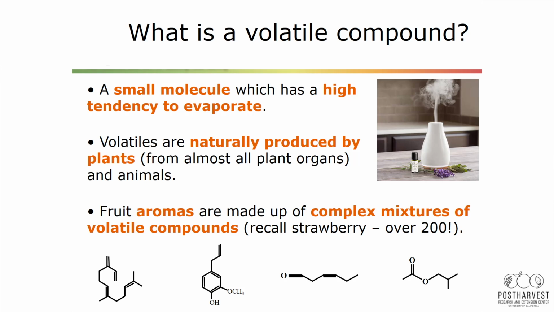We say they're volatile because they have a high tendency to evaporate. So the perfumes that you put on yourselves, or your aromatherapy, or anything that you can smell is basically a blend of volatile compounds. They're typically complex mixtures, right? So recall the strawberry, over 200 volatile compounds.